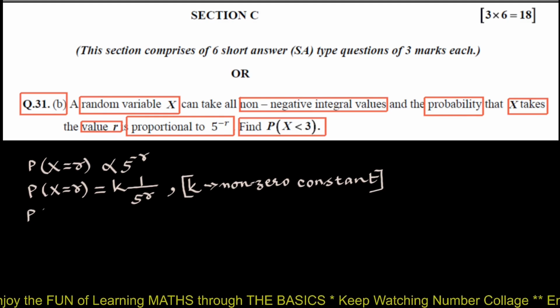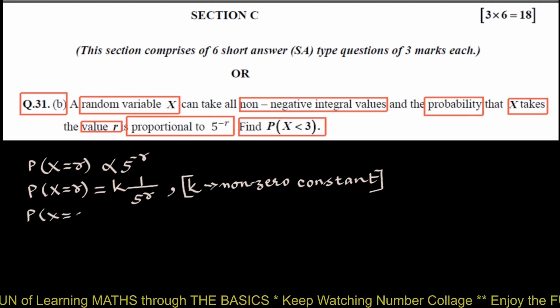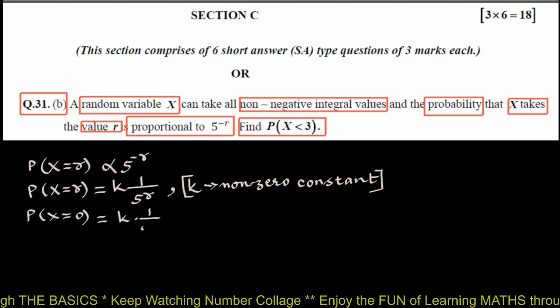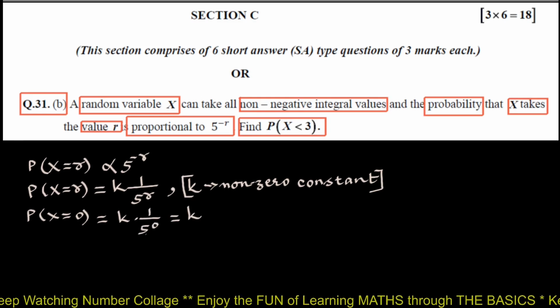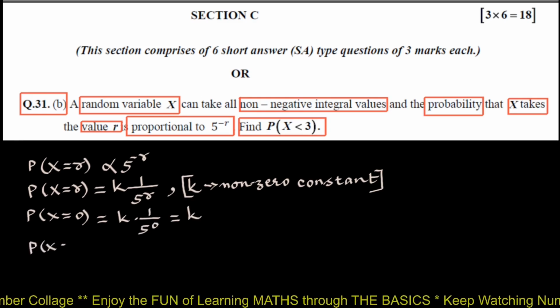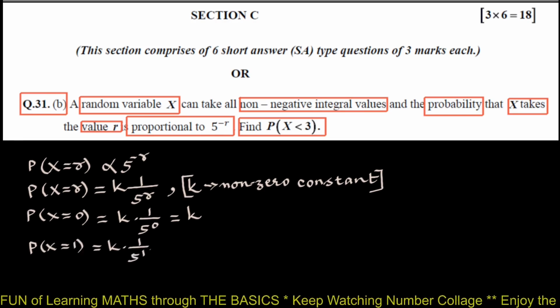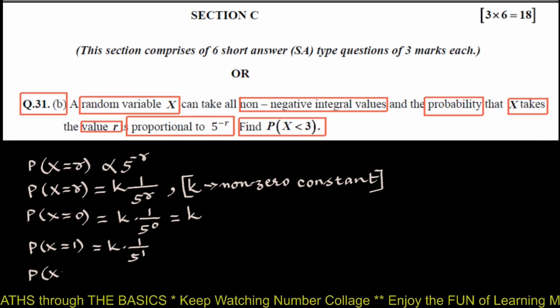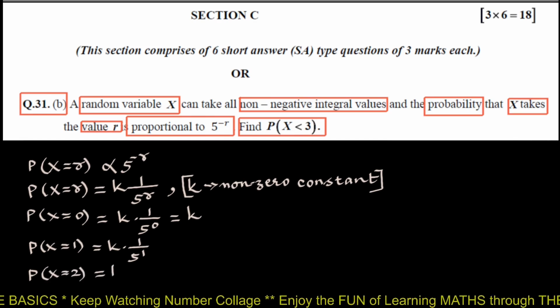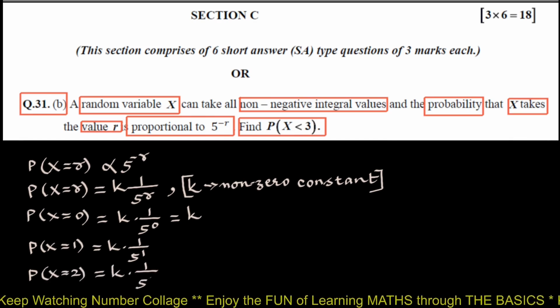Now probability when x equals 0 will be k times 1 upon 5 raised to 0, which will be k. Probability when x equals 1 will be k times 1 upon 5 raised to 1. Probability when x equals 2 will be k times 1 upon 5 square.